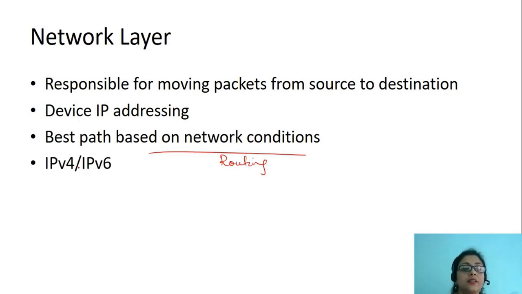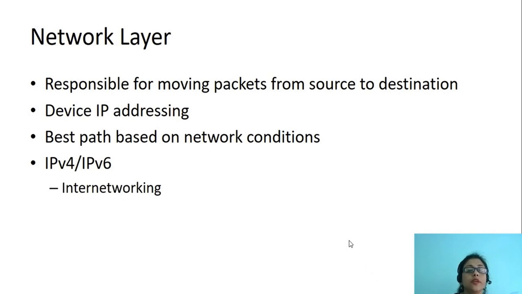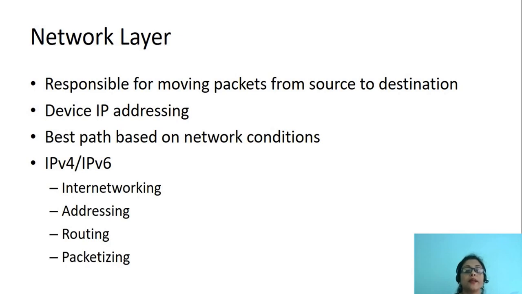As I said, it is either based on IP version 4 or IP version 6. If we use IP version 4, the addressing bit will be 32. And if we use IP version 6, addressing bit will be 128. So in short, it can be used for internetworking, it can be used for addressing, it can be used for routing, and for packetizing.